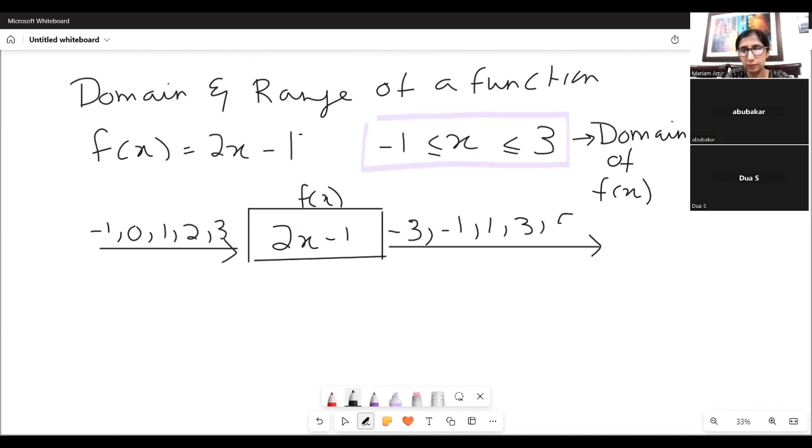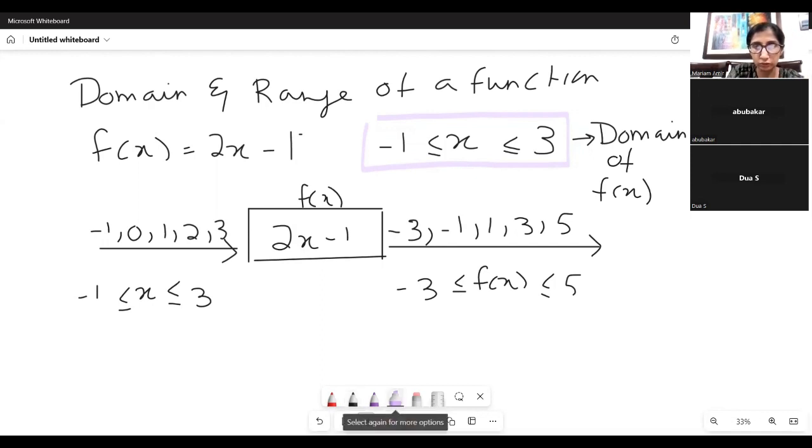And for 3, it will be 5. Okay. So the input values, the domain, is from -1 till 3. And the range, which would be f(x), is between 5 and -3. So that's the concept of domain and range.